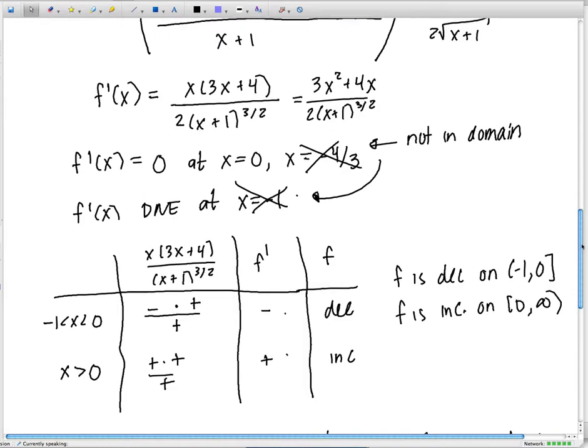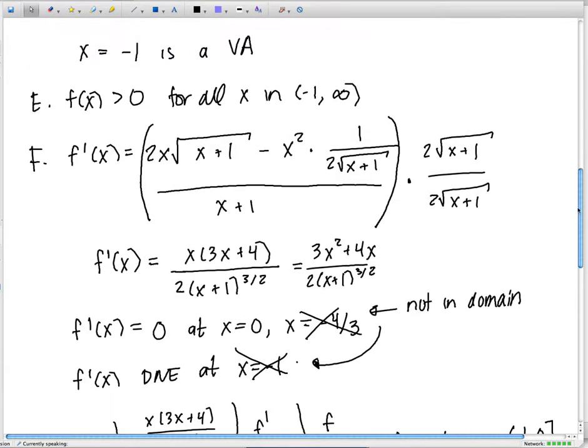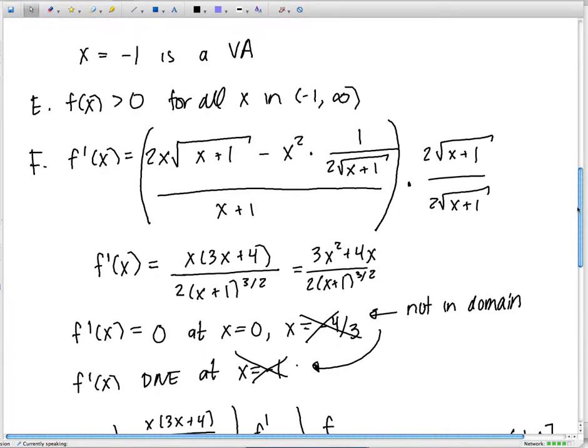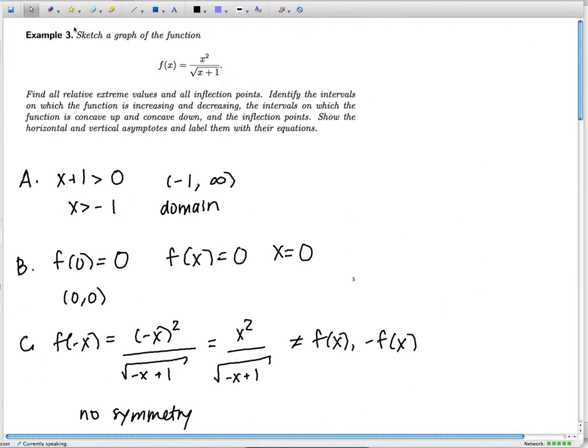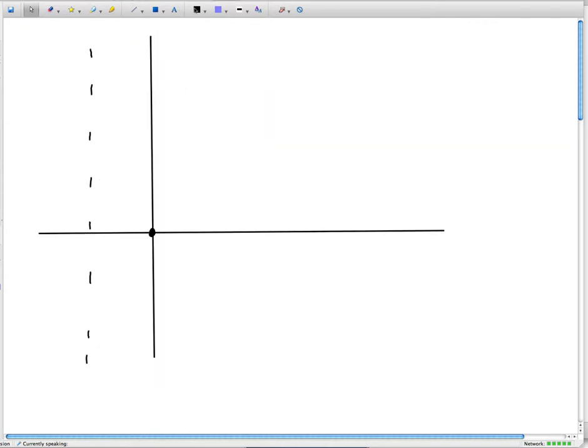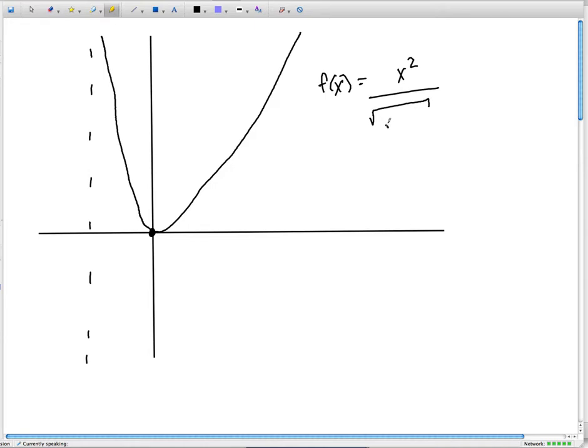And we know that our function is always positive. We have no horizontal asymptotes, so as x goes to infinity, f of x goes to infinity. We're always concave up. Putting all of this together, we get the following sketch for the graph of f of x, which is x squared over the square root of x plus 1.